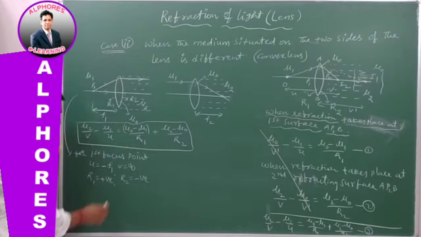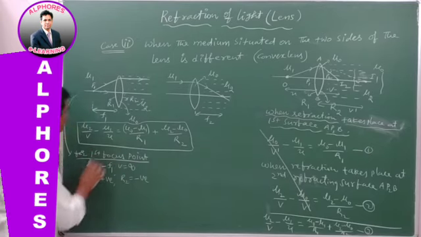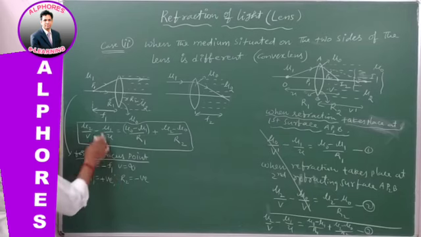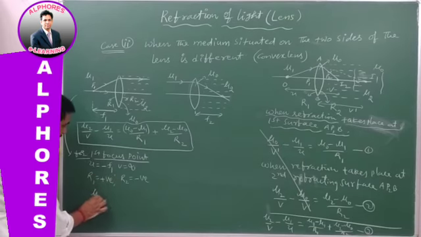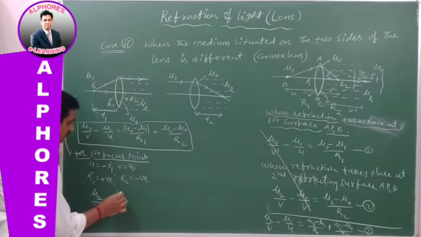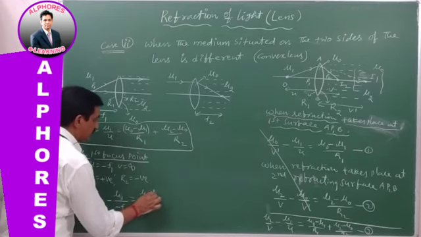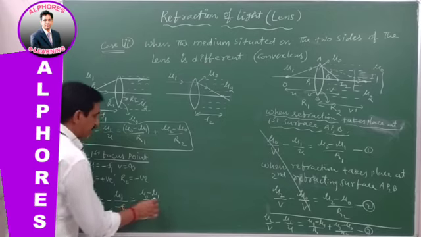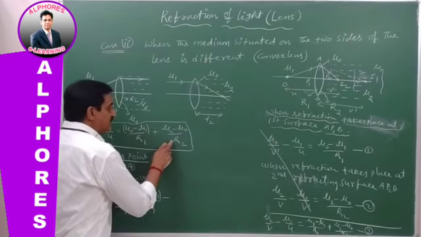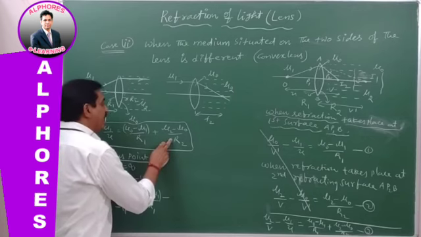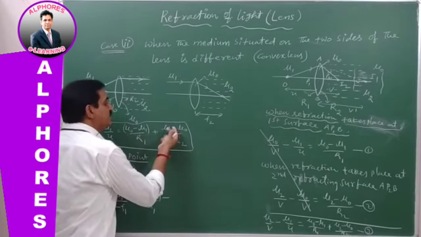Now put these values in the above equation. So mu2 by V, which is infinity, minus mu1 by minus F1, equals mu0 minus mu1 by R1. Here R2 is negative, so taking the minus common, these two are reversed.